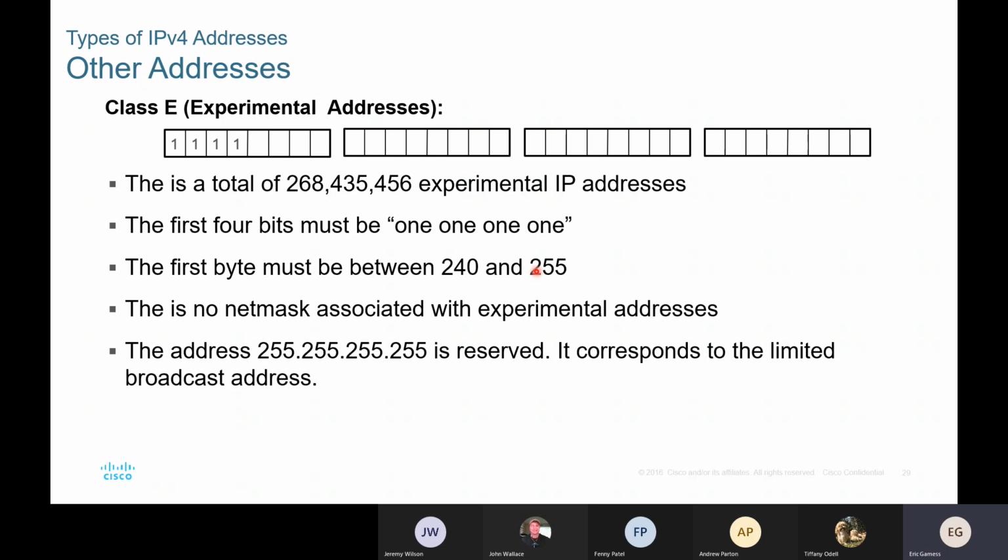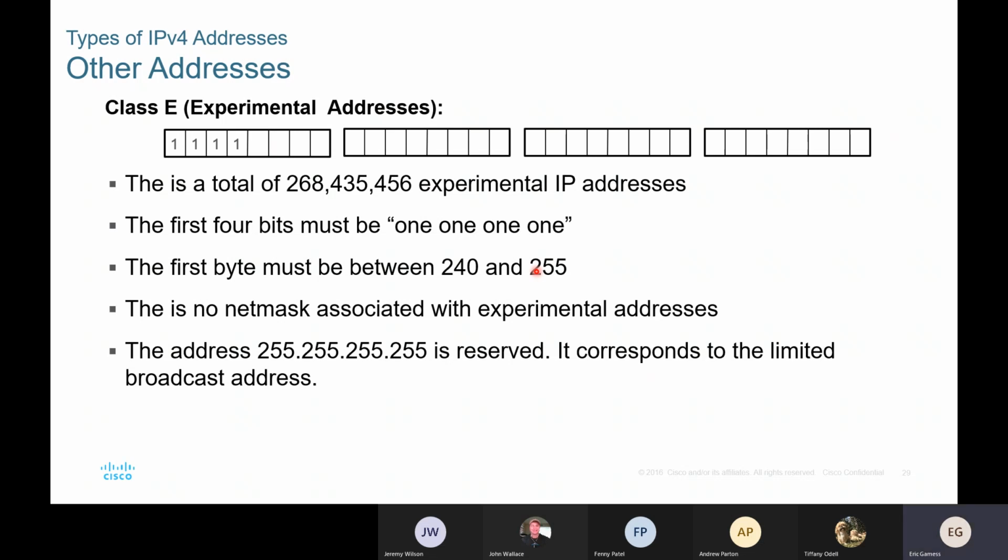So, class A, the first byte has to be between what and what? Between 0 and 127. Class B, the first byte has to be between 128 and 191. Class C, the first byte has to be between 192 and 223.